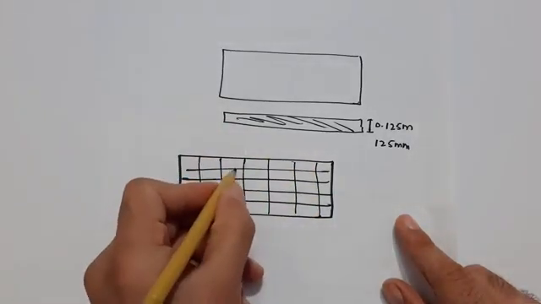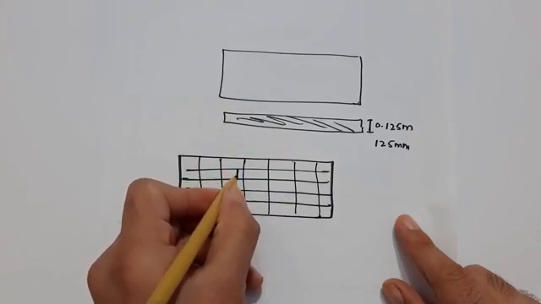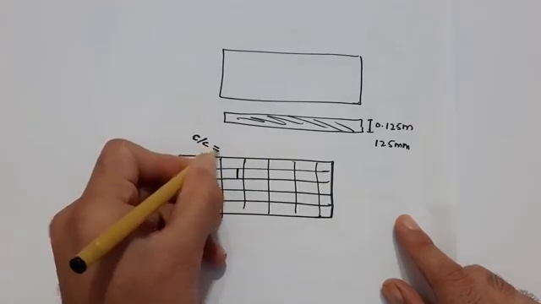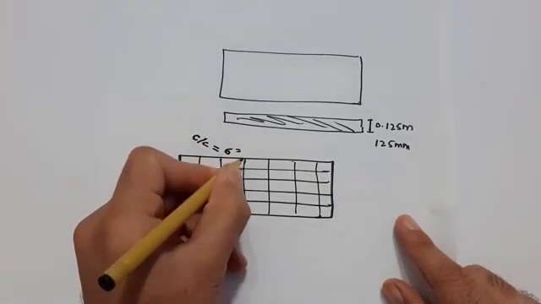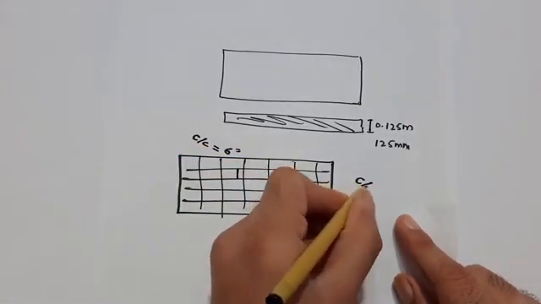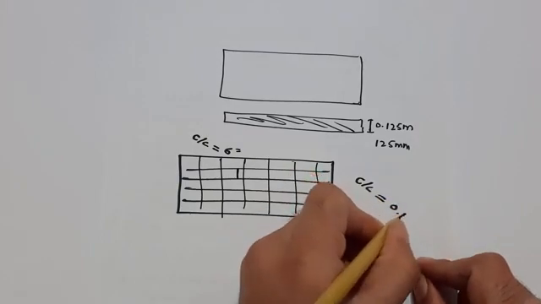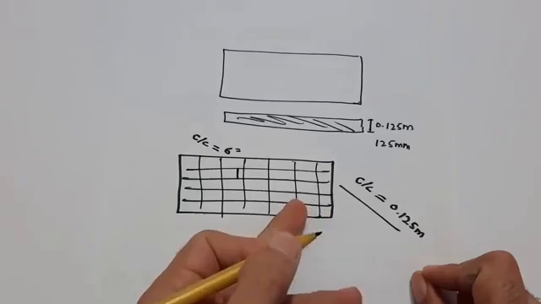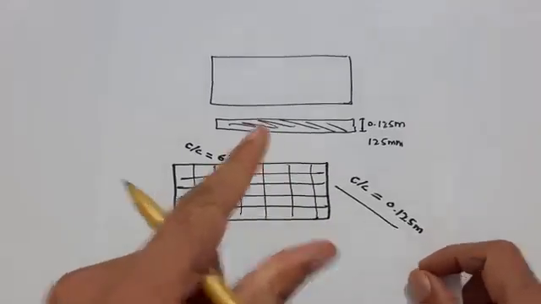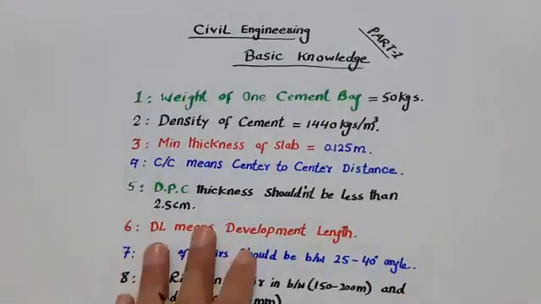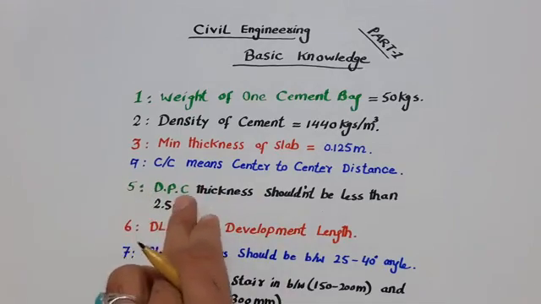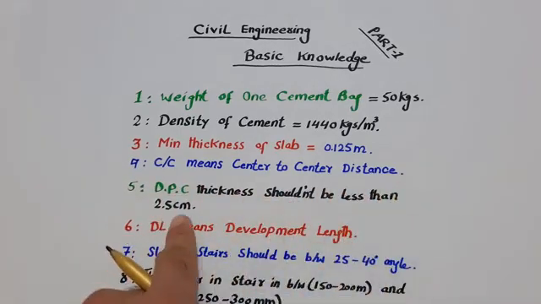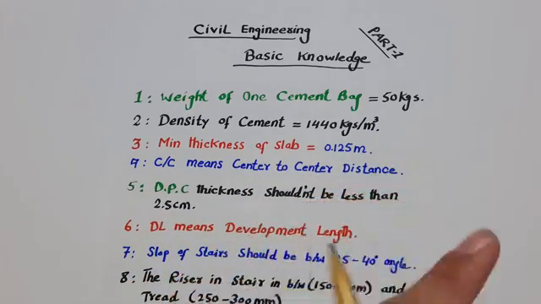The space between two steel rods we can say C/C, for example, 6 inches, or C/C is equal to 0.125 meter, etc. So it means spacing between two steel rods. Next one, the fifth, thickness of DPC, damp proof course, which should not be less than 2.5 centimeter or 1 inch.